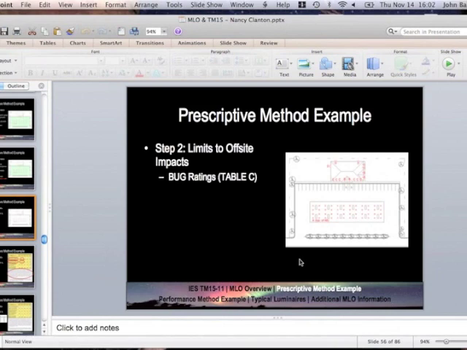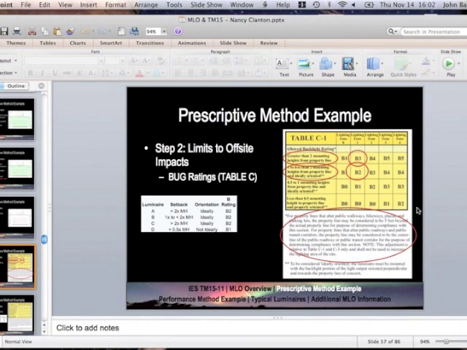So once we've done the lighting, in other words, how many lumens per site, now let's check the limits to the off-site impacts or the BUG ratings. This is the photometric characteristics of every single luminaire on the site. When we look at the different BUG ratings, we first have to decide what their setback is, the A, B, C, and D luminaires.